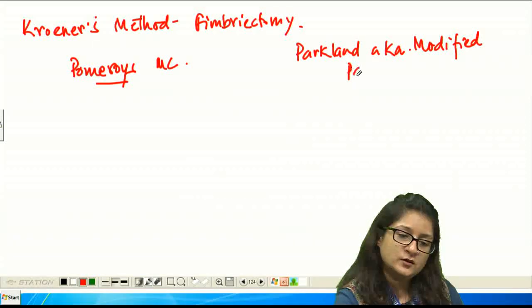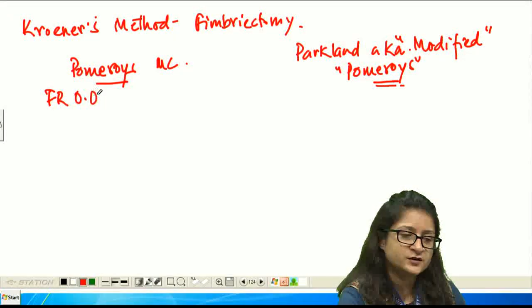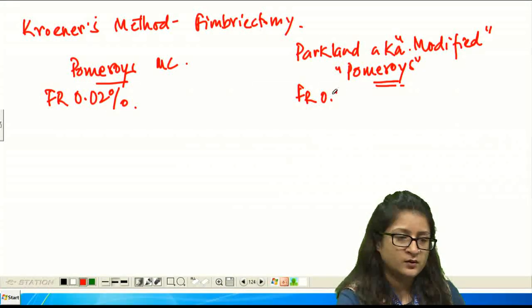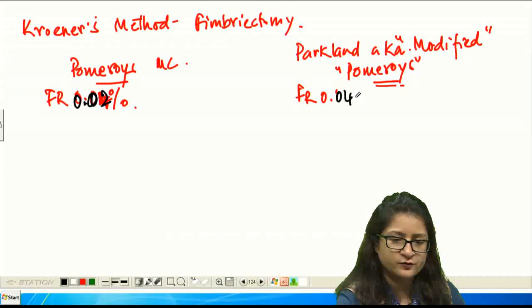Okay, Parkland is also known as modified Pomeroy's method. Pomeroy's, the failure rate is 0.02%.